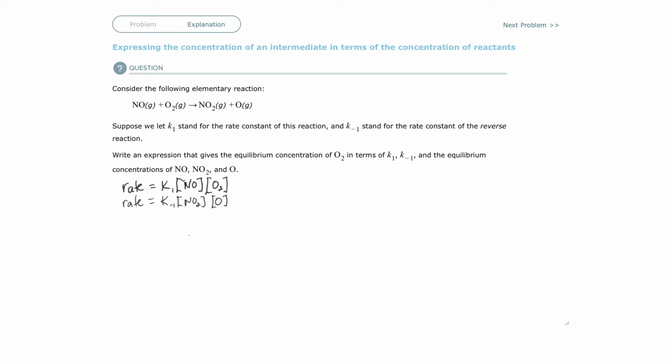To do that, you're essentially taking the idea that if I have a forward rate, let's say I have a movie of some blocks knocking down, okay? And I start the movie and I record the blocks knocking down and then I stop. Now I play the movie backwards. The same rate of knockdown going in one direction is the same rate of build back up going in the other direction.